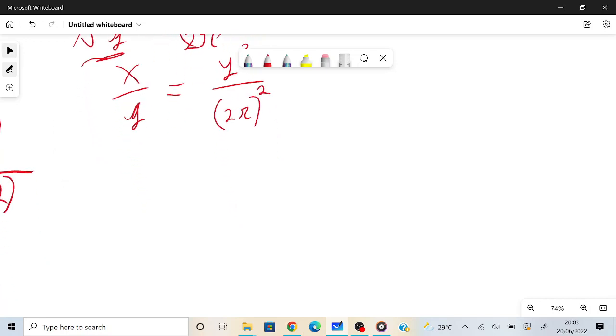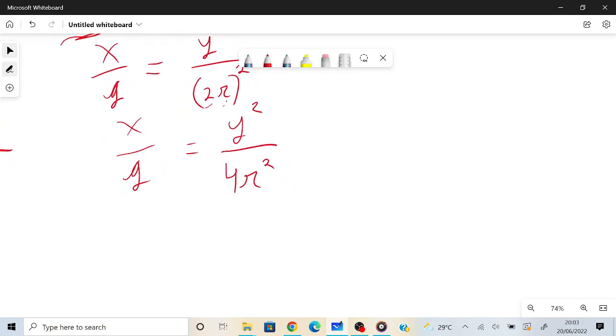Now this is the same as x over g equals y squared all over 4 pi squared, because if you square 2 you get 4, and if you square pi you get pi squared. Now you can cross multiply.